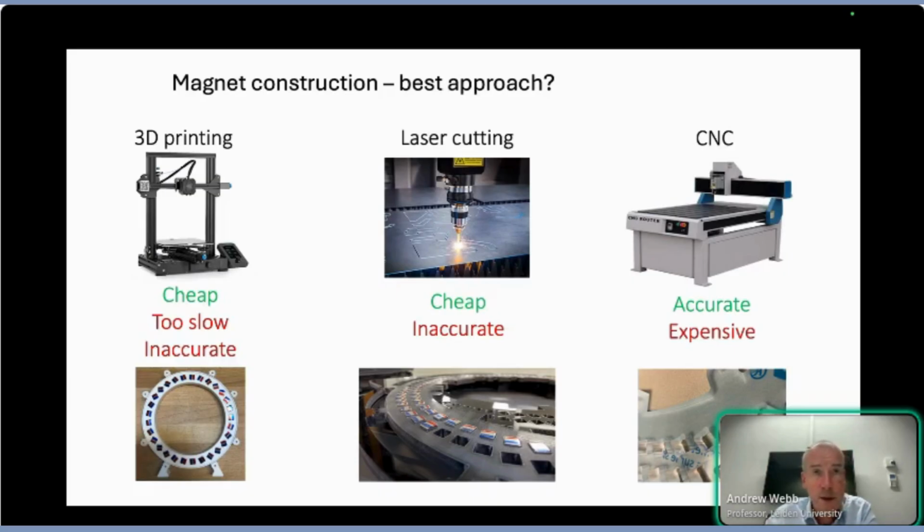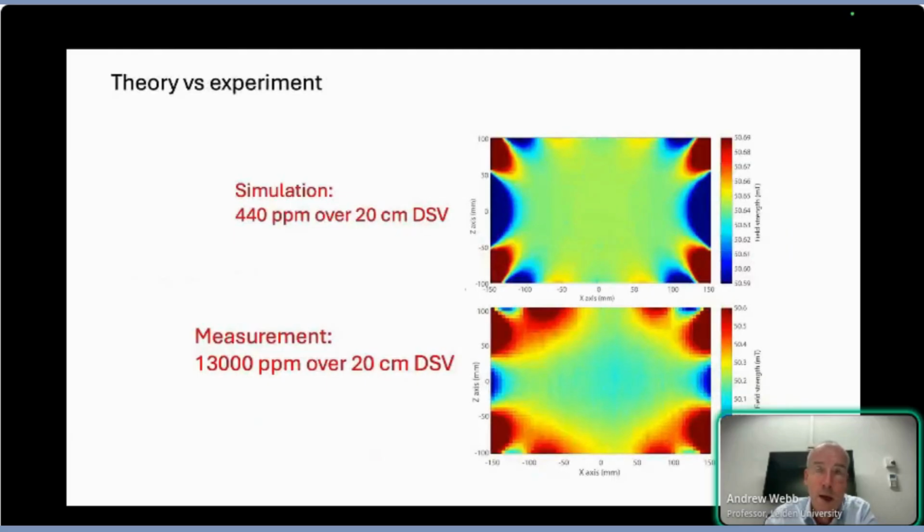So this is where we start to see already this compromise between what is available very readily in high resource countries and not so much in other parts of the world. Because even if we build it with a CNC mill, we might simulate that our homogeneity looks like, say, 400 or 500 ppm.